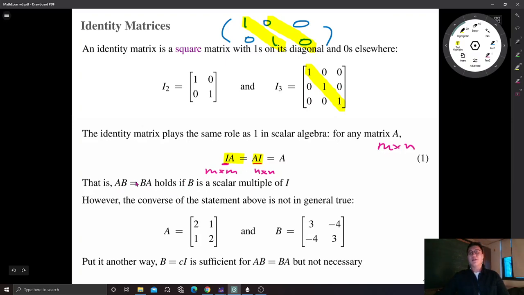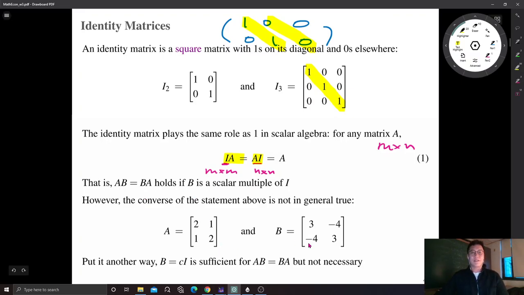So the commutative law holds as a result. All right. But the converse of this statement is not true in general. So even if the commutative law holds, AB equals BA, we can't say either matrix is a scalar multiple of the identity matrix.